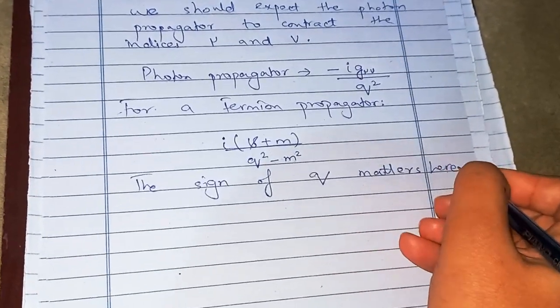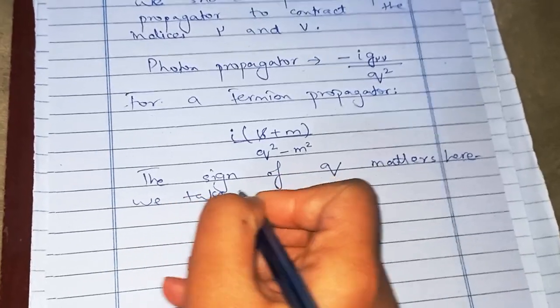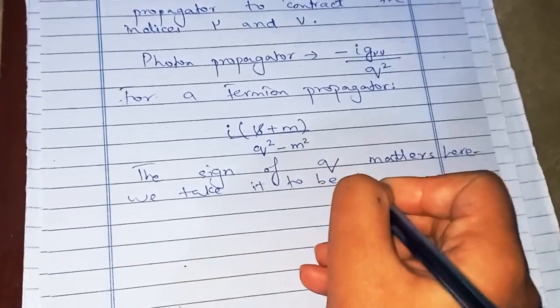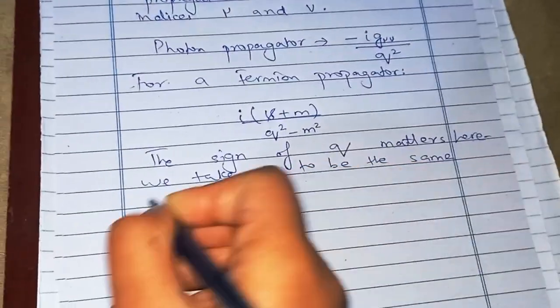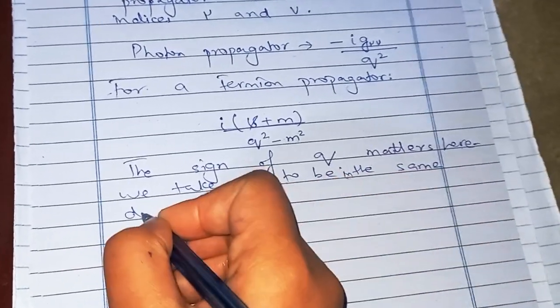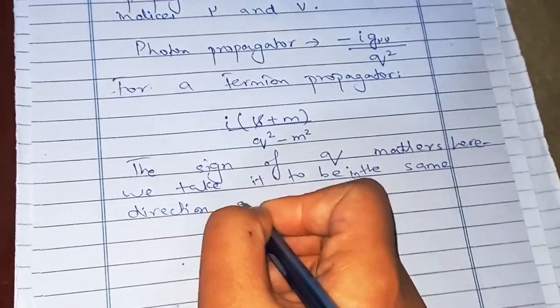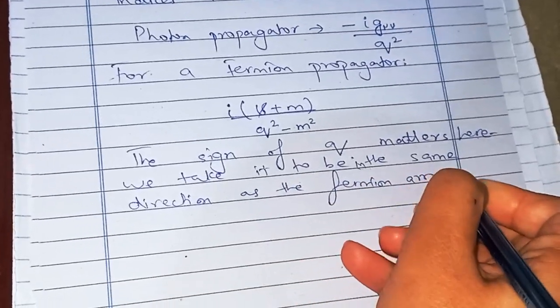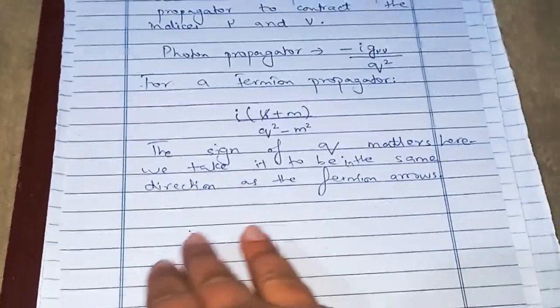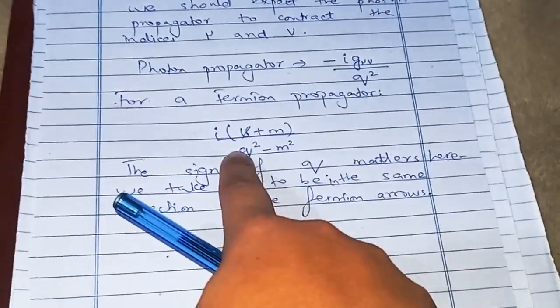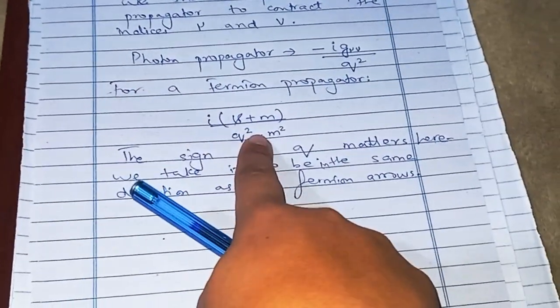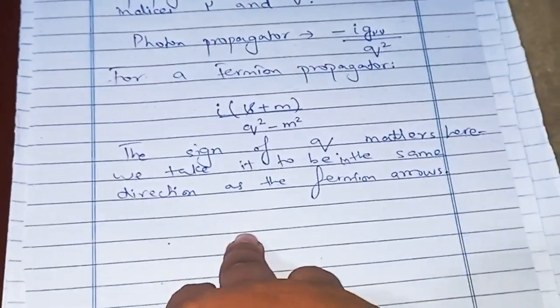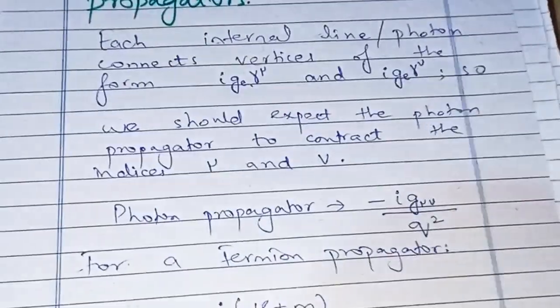We take it to be in the same direction as the fermion arrows. We'll be using all of them, so we'll see when the sign will change, when it's minus q squared or whatever. So this is the propagator, the second thing.